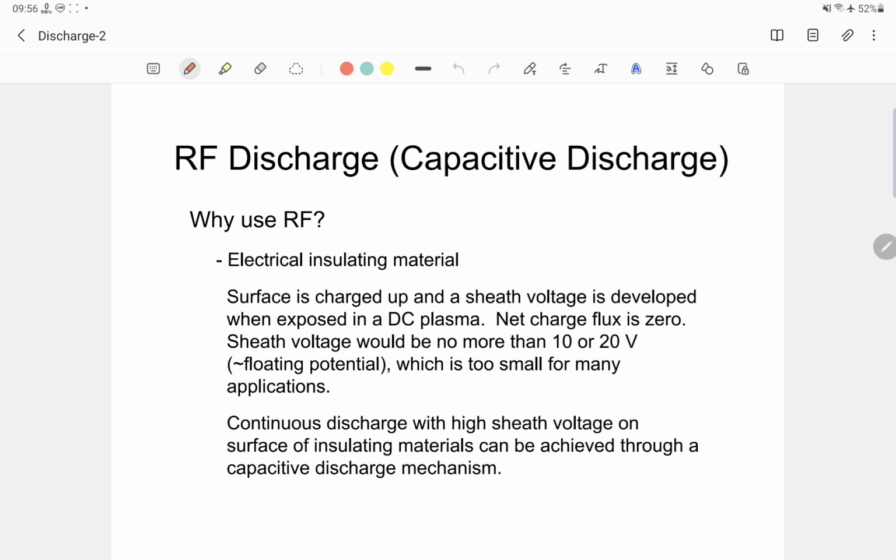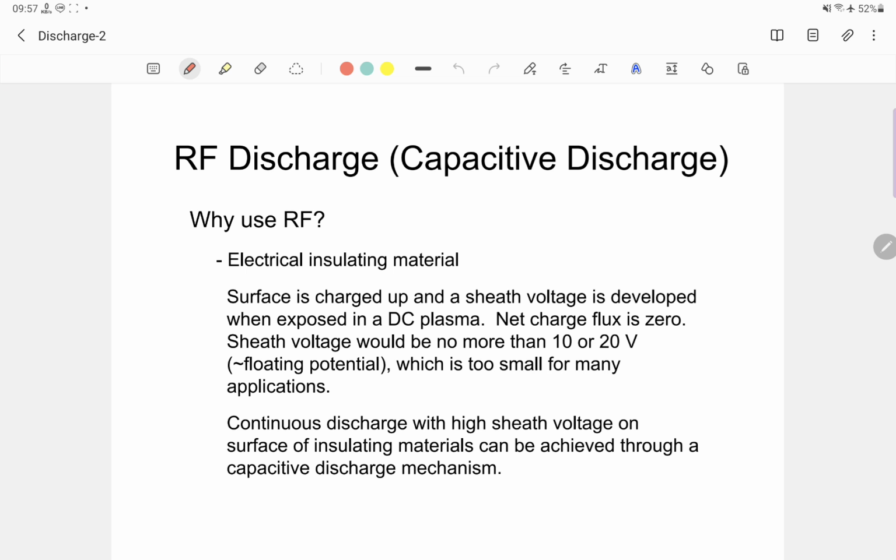It depends on your application. Sometimes you might want to process a piece of metal, and metal is a conductor. Sometimes you might like to process a piece of glass, and glass is an insulator.